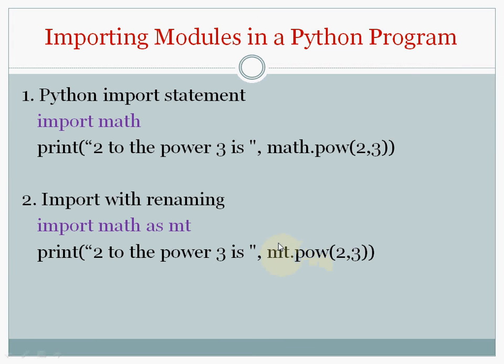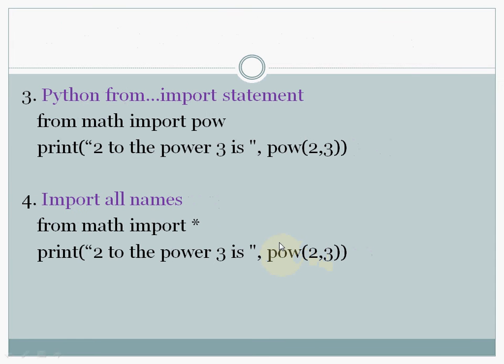Okay, now the third one, the Python from-import statement. From the name of the module, the import keyword, and the functionality. If we have to access a particular functionality of any module, then this statement will be useful.